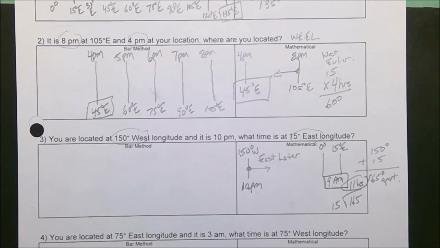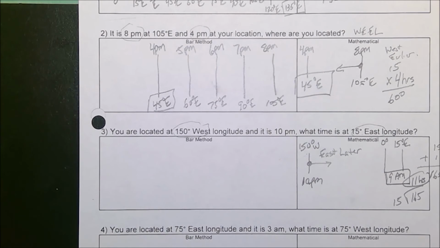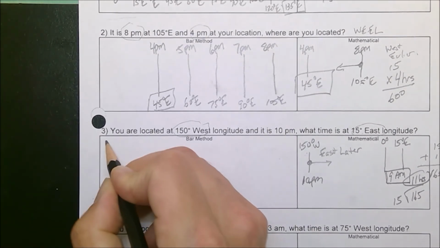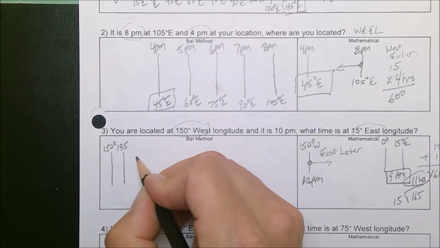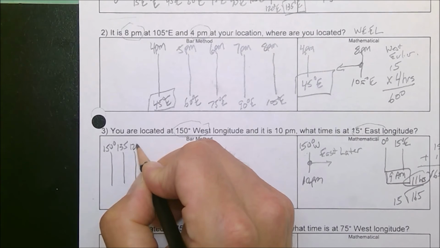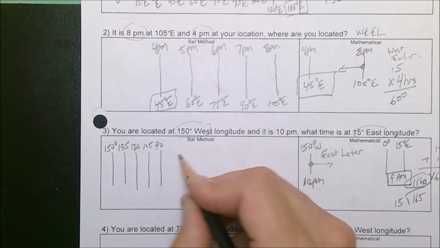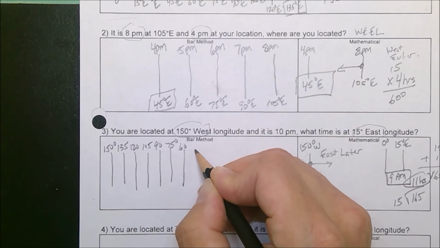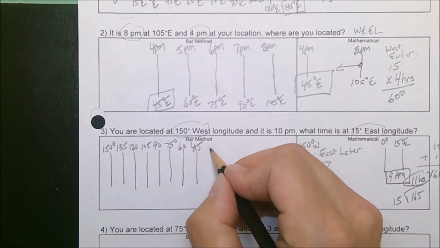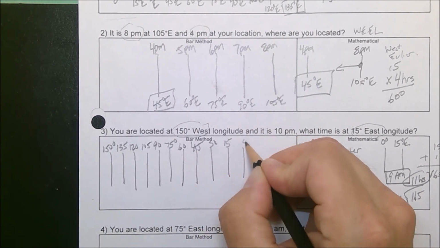All right, the bar method. This is going to be a lot of work because I'm going to need 12 meridians, so this is going to be tough to fit in. But looking at this: 150, 135, 120, 105, 90, 75, 60, 45, 30, 15, 0.